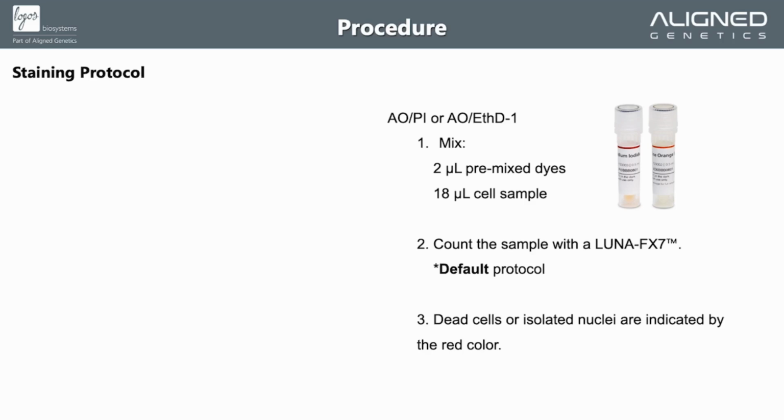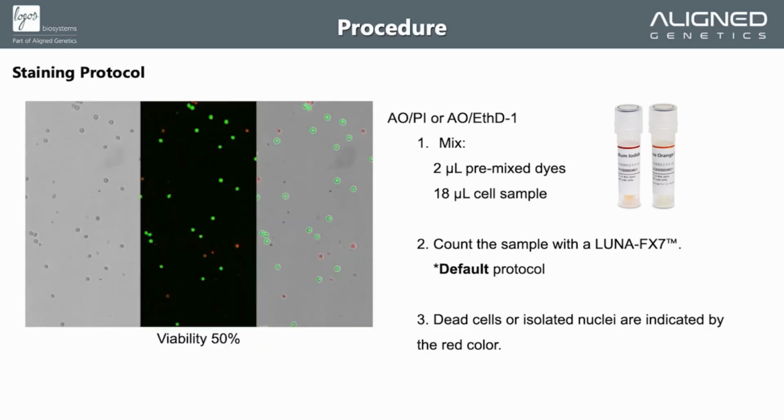Dead cells or nuclei will be indicated by the red color. Live cells will express green color from acridine orange, while dead cells will express red color from propidium iodide or ethidium homodimer. This red color can absorb the green color from AO based on the quenching effect. So it allows you to easily distinguish between live and dead cells or nuclei in your sample.